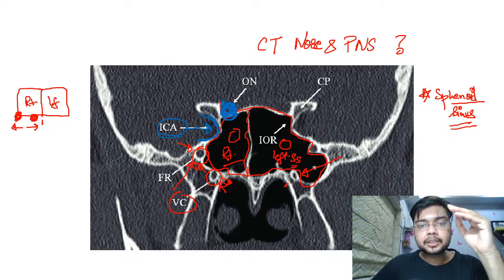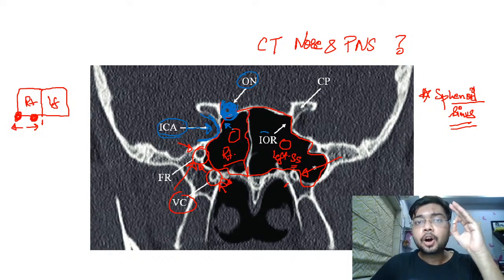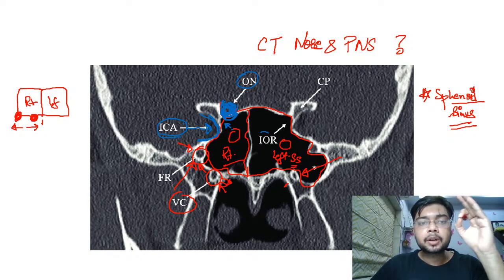And what is the thing that comes in between? So the in between structure is called optico-carotid recess. See how easy? This is optic, this is carotid, and this is optico-carotid recess, or what you can say, your OCR. OCR is optico-carotid recess.